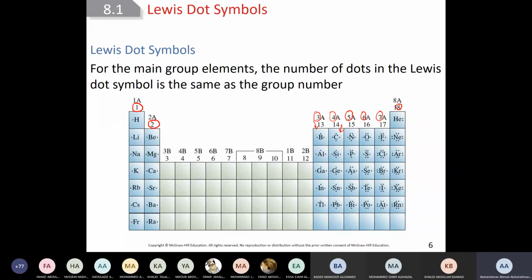All right. I want you now to know the meaning of Lewis dot symbol.